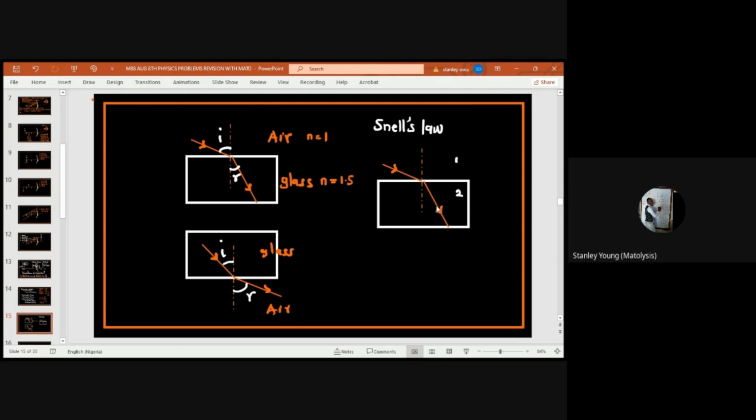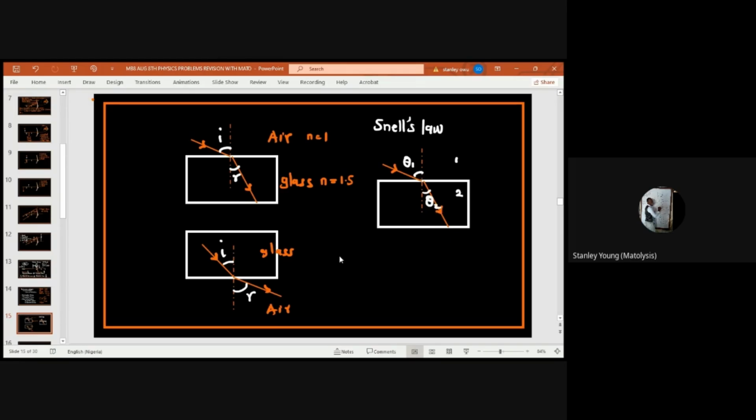This is medium 1 and this is medium 2. I will just generalize them as medium 1 and medium 2. We have an angle here and another angle here. I'm going to label the angle theta 1 and theta 2. Rather than call them angle of incidence and refraction, I will just call them theta 1 and theta 2.